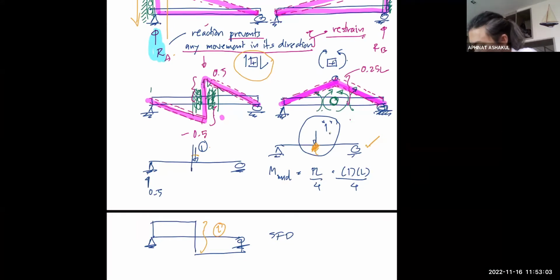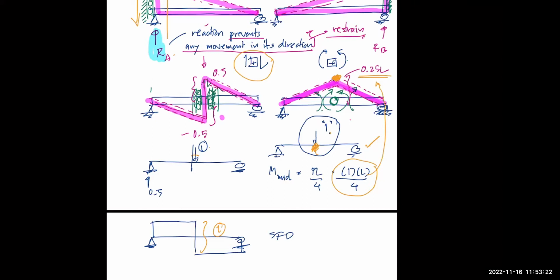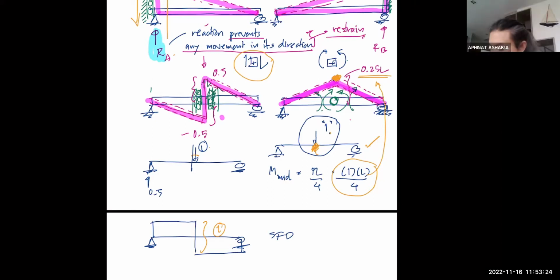Doing this with this formula, I now obtain the value at this point, which is 0.25 L coming from this. Now I know the magnitude, I know the shape, that's it, it's over. Okay, thank you teacher. Remember that this has no relationship with the magnitude of the load directly. You have to calculate the moment. Remember that this is moment.